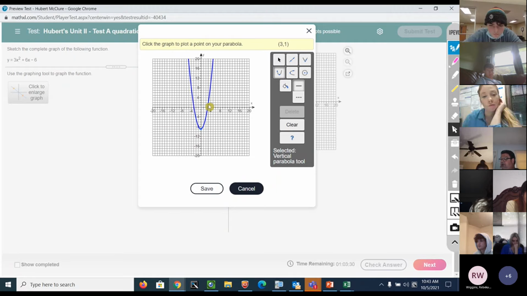And then the x-intercept of 2.3. That's going to be hard to do. But a y-intercept of -1 or negative what? -6. Wait a minute. That's not right.